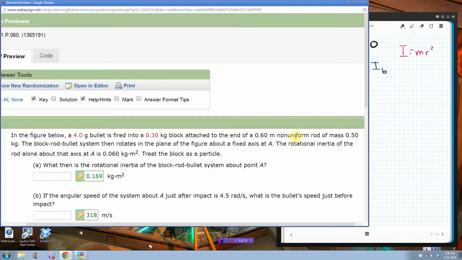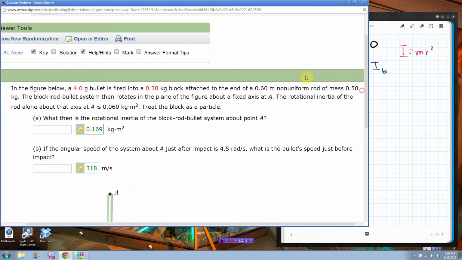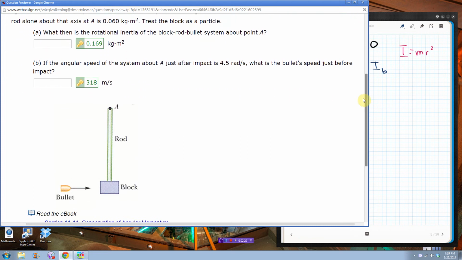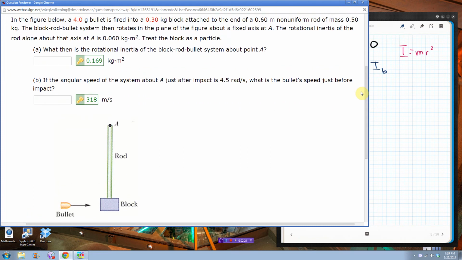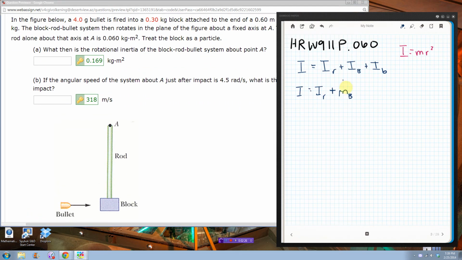It's a 0.6 rod, so that is the radius, which is not a red number. So that means it should be the same for everybody. So I'm just going to go ahead and put it in. And then that's got to be squared.